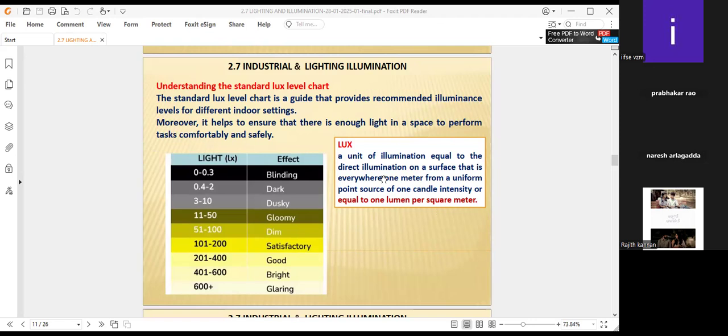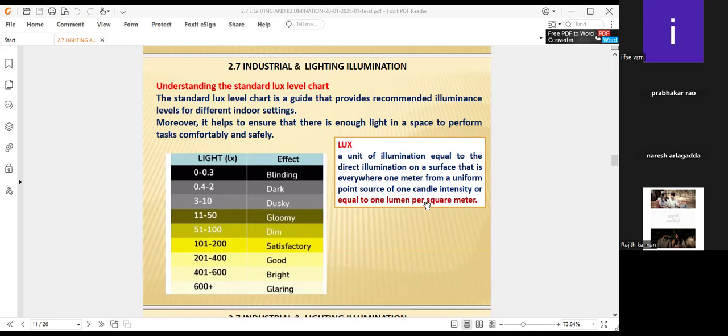For example, we can say 1 lumen per square meter. 1 square meter means one meter of length and one meter of width. You can say how many lumens that light can give over that square meter area.